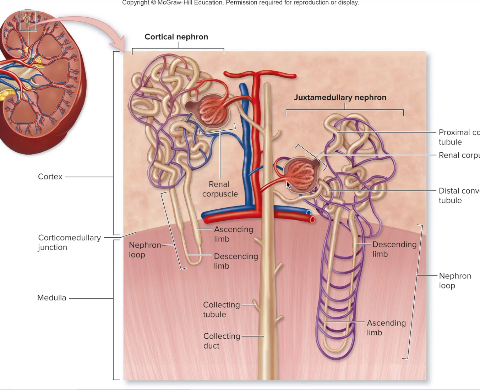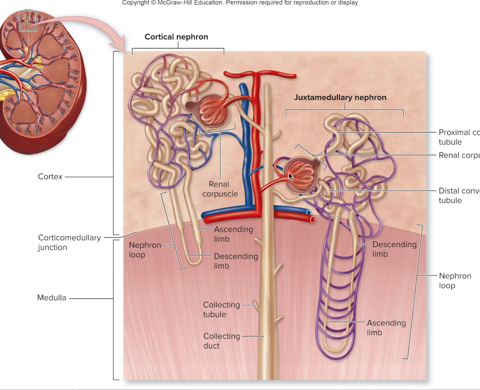And the inside of this capsule has a lining, and that lining is the parietal layer of the glomerular capsule. And then that lining wraps in on itself and then adheres to the glomerulus itself.